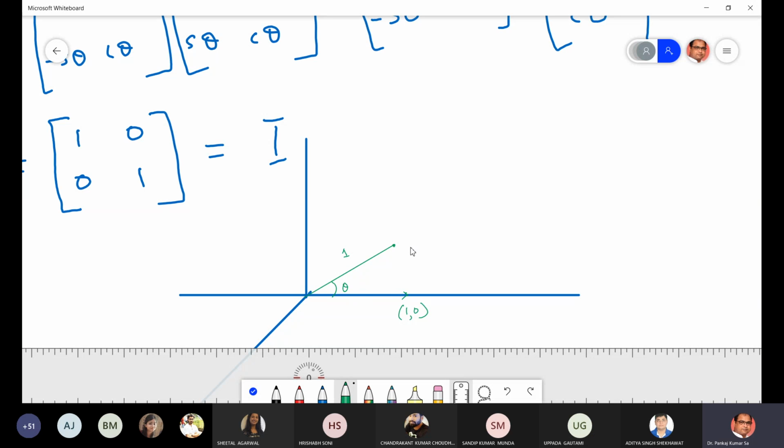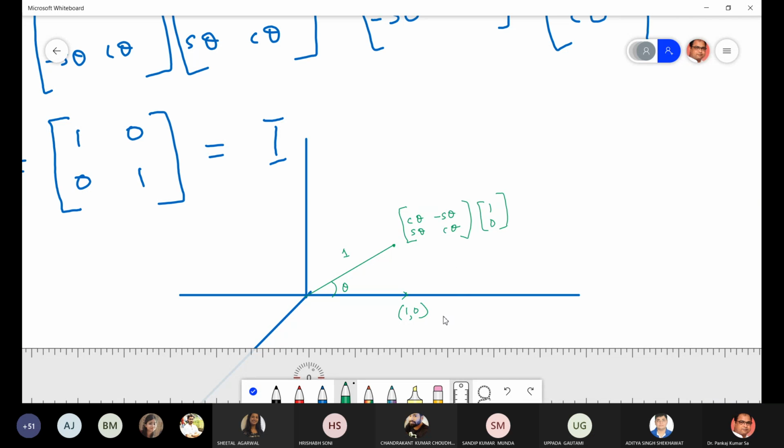This value would be cos theta, minus sin theta, cos theta, applied to 1, 0.